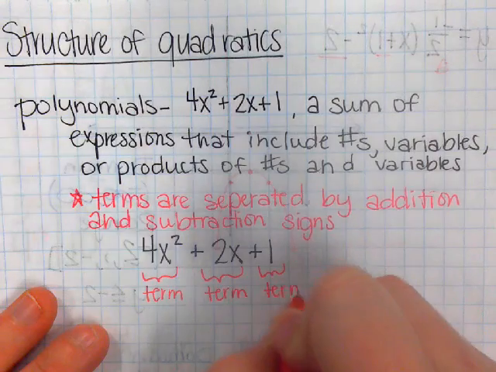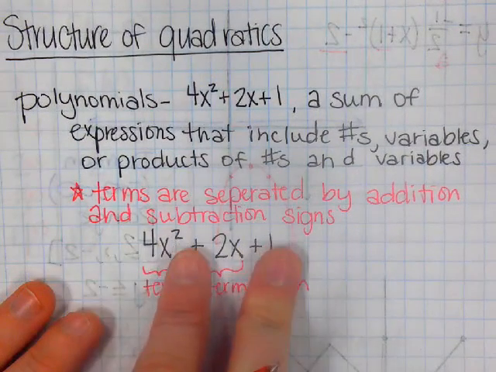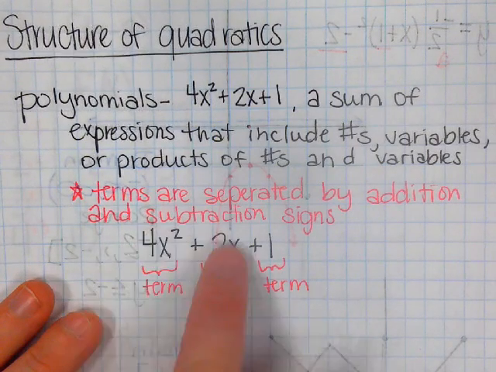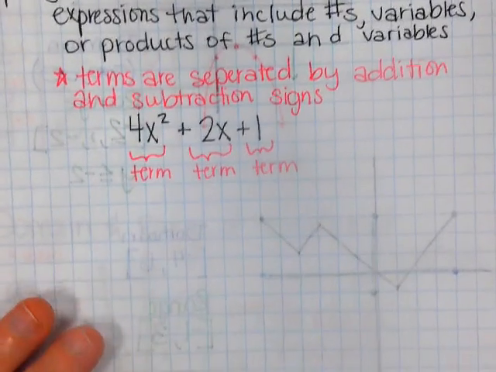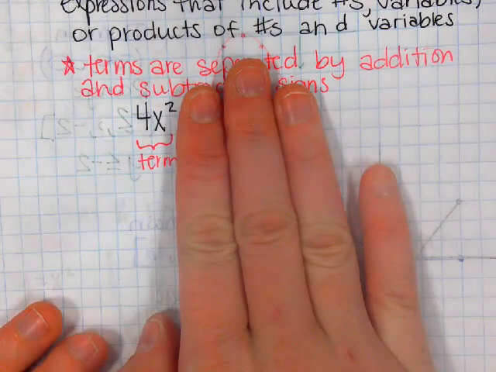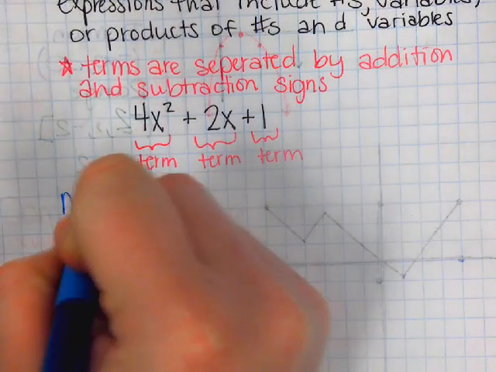And that's a term. There are three different terms. There are only two addition signs, but the first one doesn't have an addition sign, so this is a term, this is a term, and this is a term. If something only has one term, then it would be called a monomial.